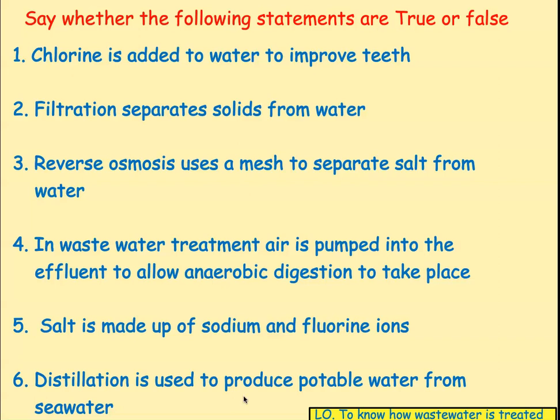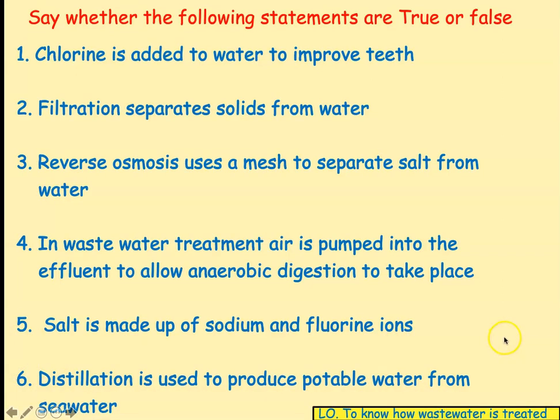Salt is made up of sodium and fluorine ions, and distillation is used to produce potable water from seawater. I want you to pause the video now, and for those statements, just write true or false from 1 to 6.